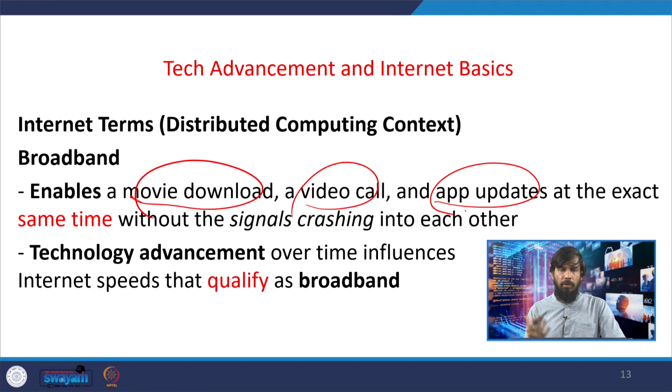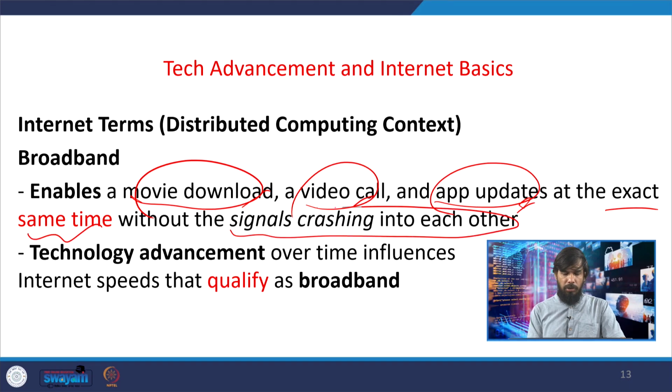All of us use our smartphones, doing an app update and at the same time making a call, right. So, it enables a movie download, a video call or app update at the exact same time without signals crashing into each other.